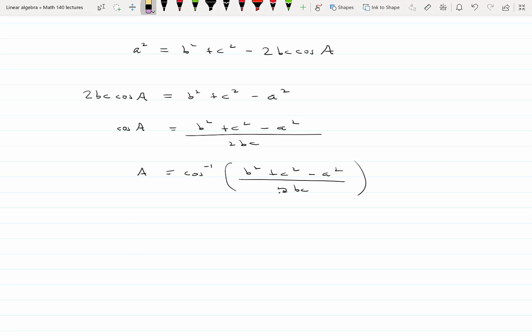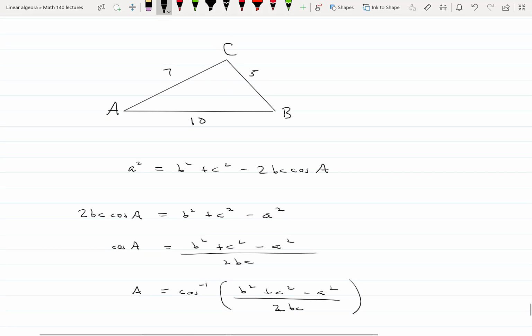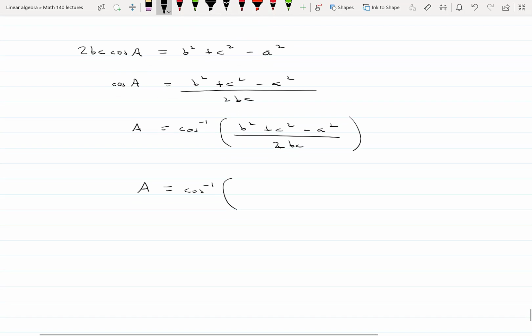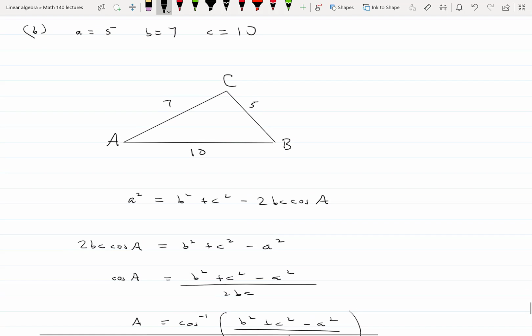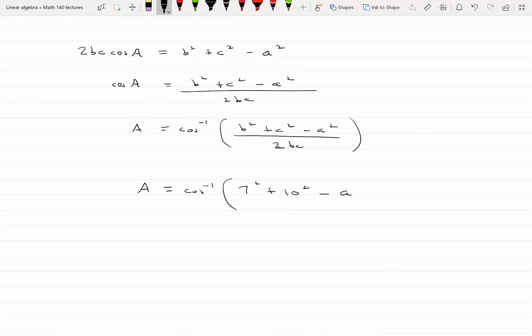So let's find the angle A. The angle A is the inverse cosine of b squared plus c squared. b was 7, c was 10. So 7 squared plus 10 squared minus a squared, a was 5, 5 squared, over 2 times b times c, over 2 times 7 times 10.